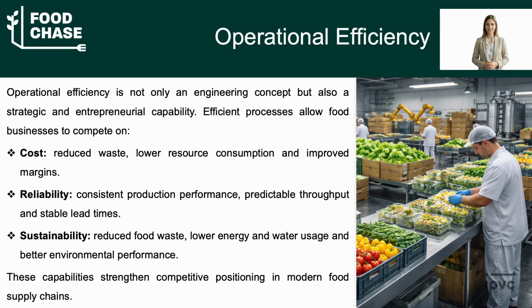Reliability is strengthened through consistent production performance, predictable throughput, and stable lead times. Sustainability benefits come from reductions in food waste, energy usage, and water consumption. These combined advantages strengthen competitive positioning in modern food supply chains, where buyers and regulators increasingly expect efficient and sustainable operations.